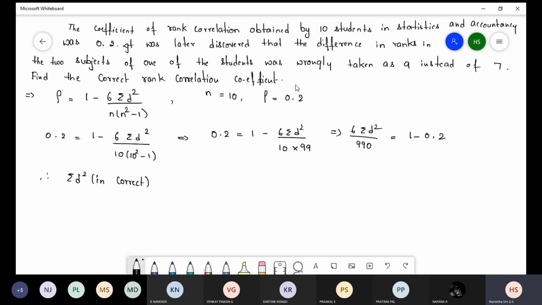So, summation of d square incorrect is, doing the cross multiplication, 990 into 1 minus 0.2, which is 0.8, divided by 6. That is equal to, yes, the value is 132.